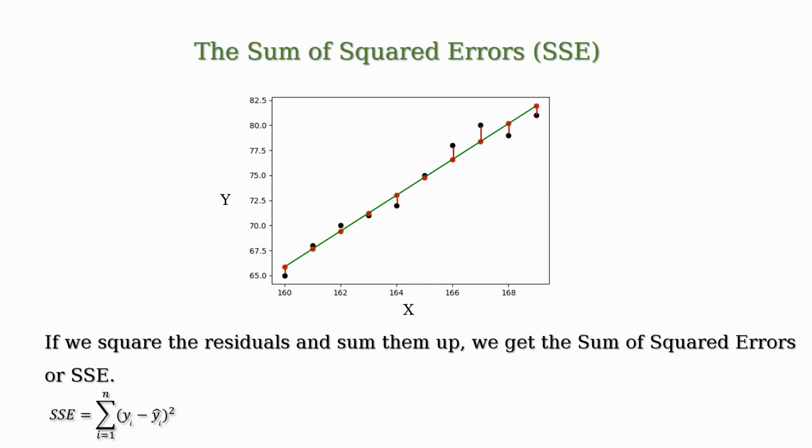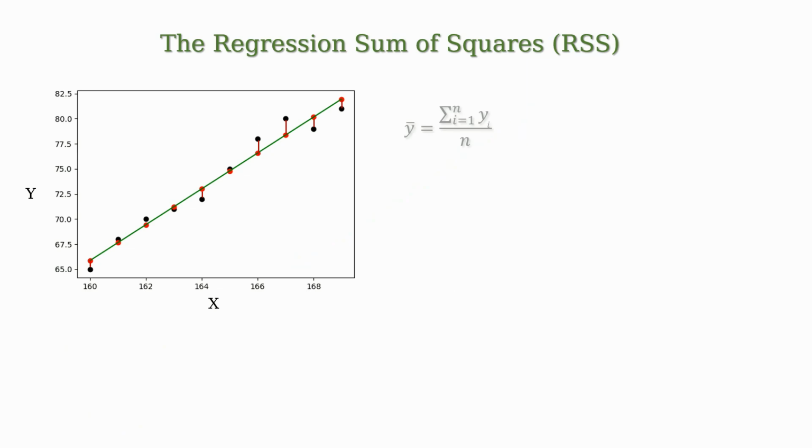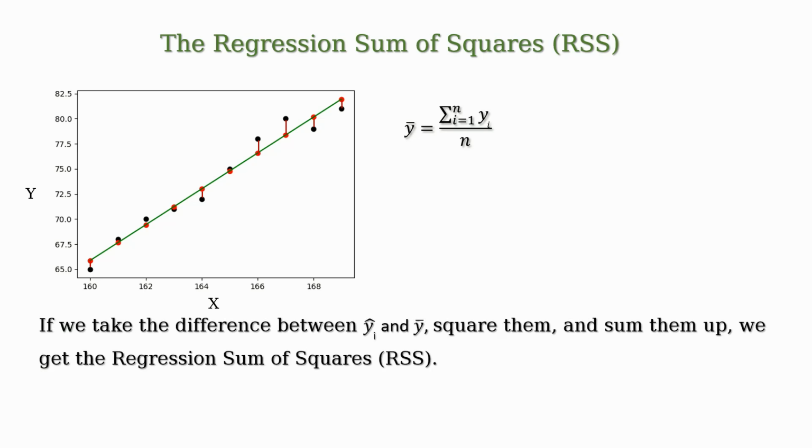Now, let's say y bar represents the mean value of y. So, y bar is equal to summation from i equals 1 to n of yi divided by n. At this point, if we take the difference between yi hat and y bar, square them and sum them up, we get the regression sum of squares.